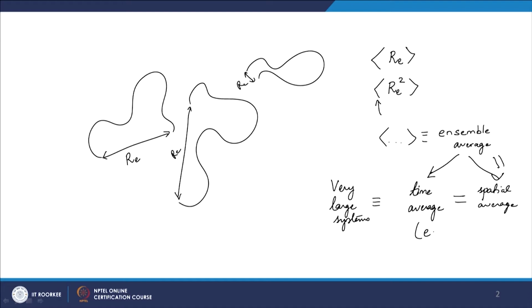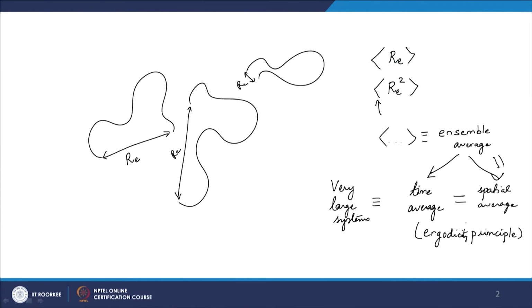Systems which show this behavior are known as ergodic systems, and this particular principle is known as the ergodicity principle. Okay. So, we will use that idea. It will make a certain difference in some cases where ergodicity does not apply, but in most cases that we care about, we do not differentiate between the time average and the spatial average. We refer to the ensemble average of any property we are interested in.